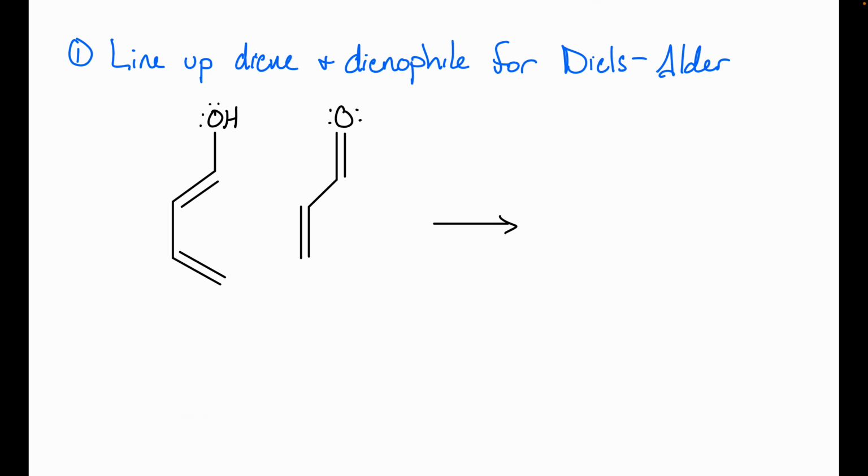All right, what do we start with? What's always formed, right? That six-membered ring. All right, and why do we get a six-membered ring? Because we have our 4 carbons in our conjugated diene and our 2 carbons from our dienophile that make up our ring, right?